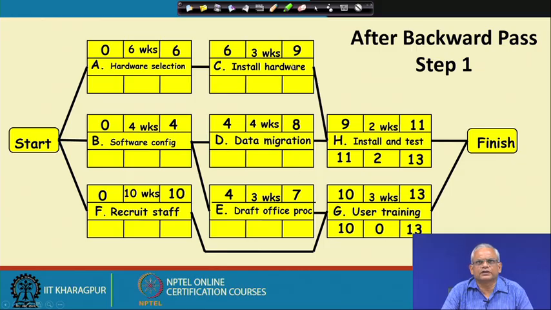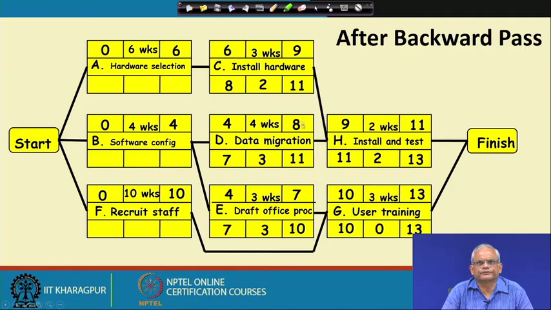Now, let us compute for these ones. Now, this has a single successor which is completing at 11, and therefore, the latest it must complete by is 11. Similarly, for this, and for this it is 10 and we must have 10 here.